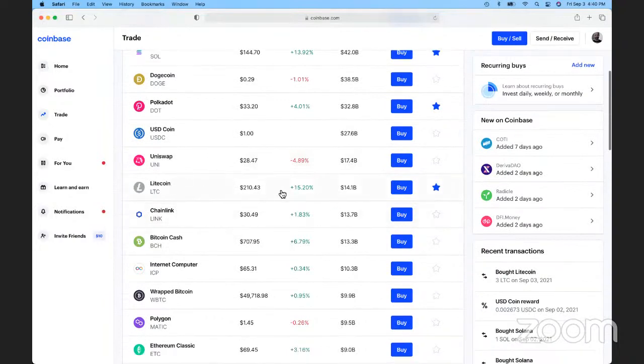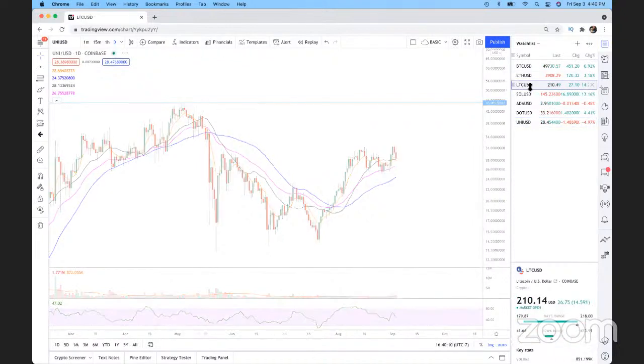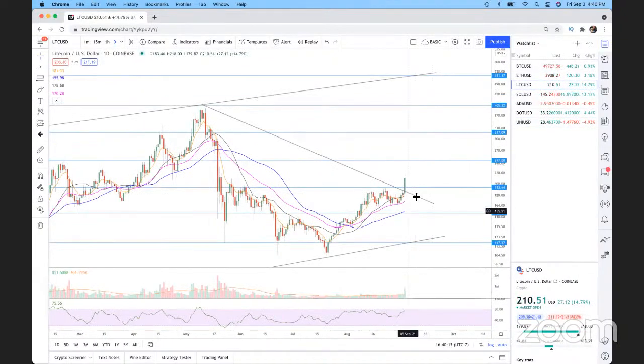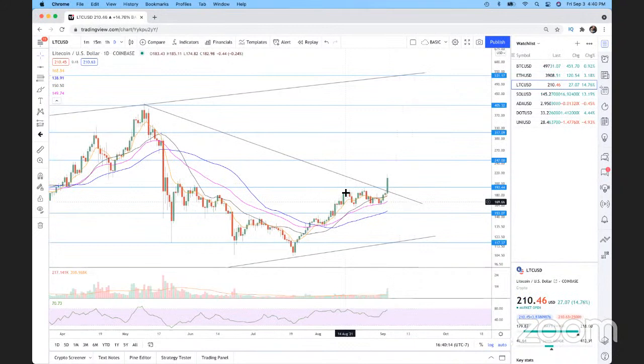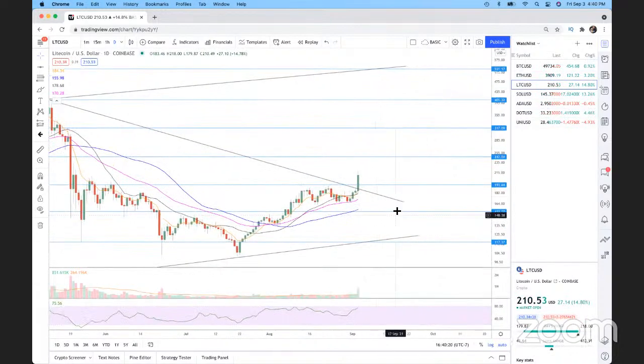Let's see, Litecoin. Litecoin, by the way, has broken out. Litecoin is one of the six that I follow. It just broke out today of this rectangle formation, took out the 193 resistance, and the volume is coming in nice and steady. Today it came as high as 218, a pullback retest.